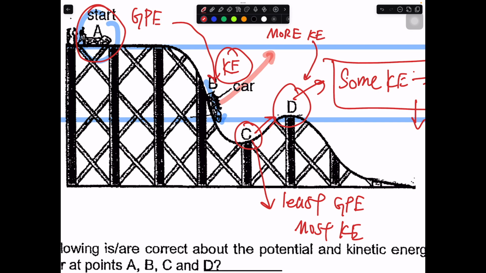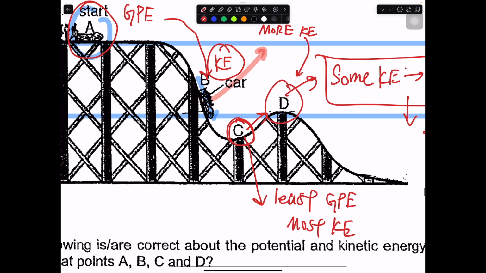You should have more KE than D. Because at C, even though it has the most KE because it is at the lowest point, when it's going up, some of the KE should be converted to GPE. So the car technically at this point should have slowed down, because it's moving upwards against the pull of gravity.